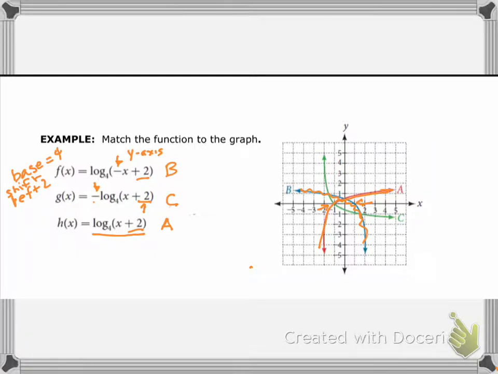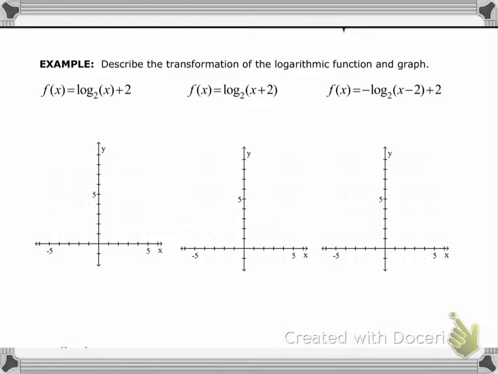All right, let's try some more. Now we're going to graph some using our transformations. So remember, this is log base 2, so I know I'm going to have a point at 1, 0, and then I'm going to have another point at b and 1 right here. And our b is 2.